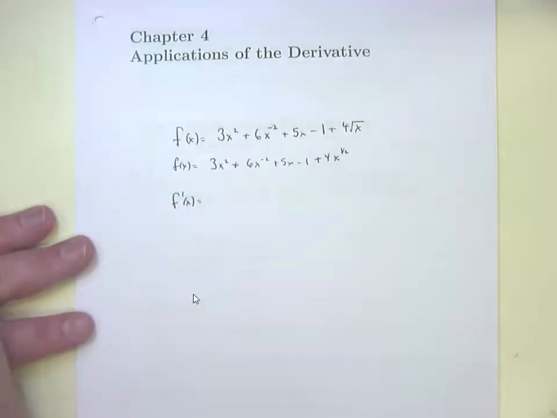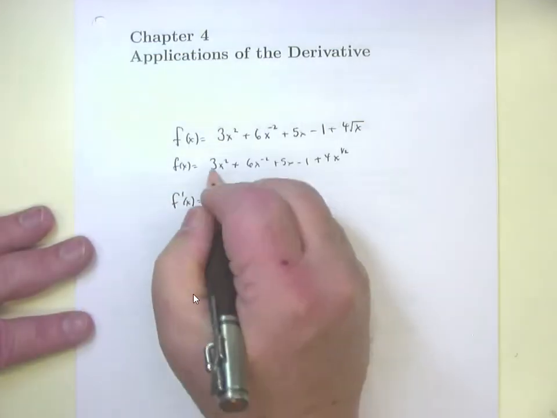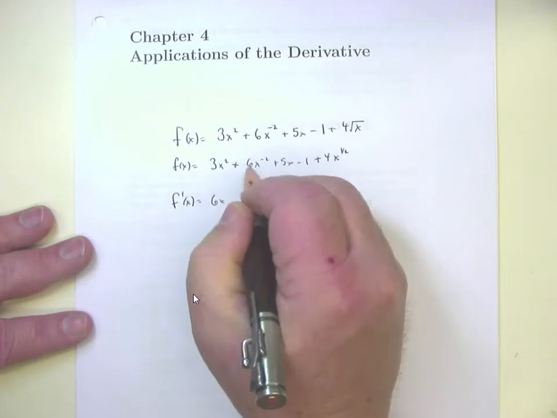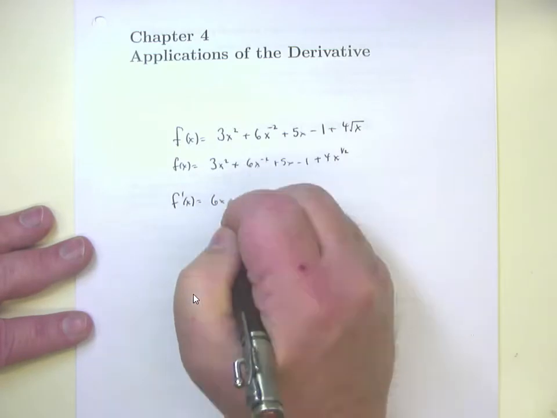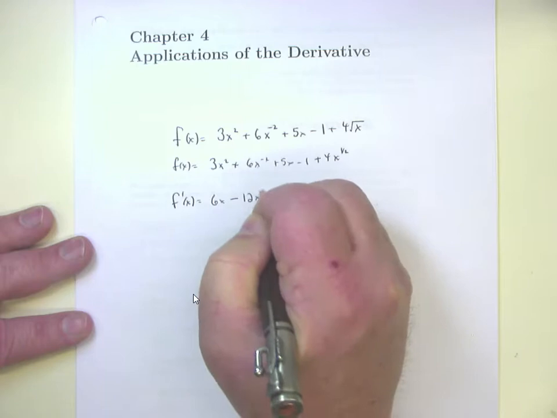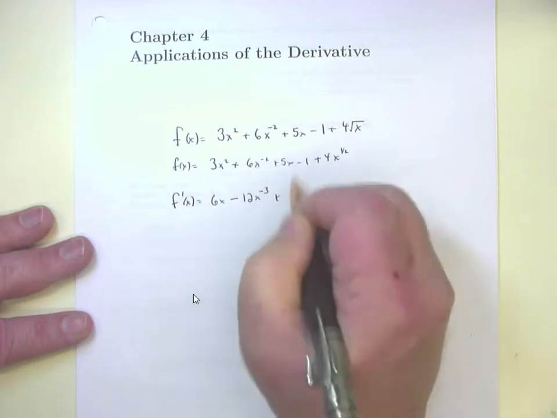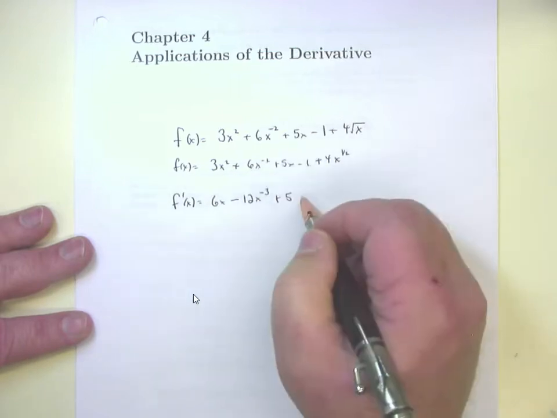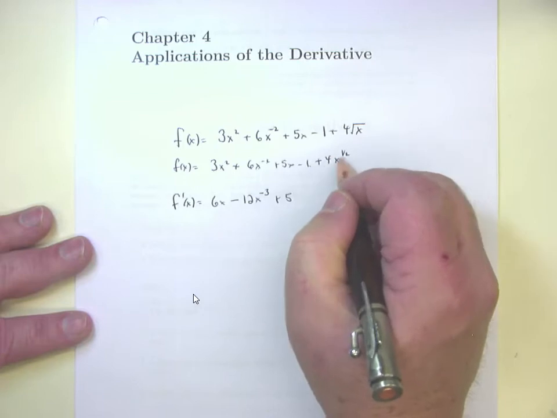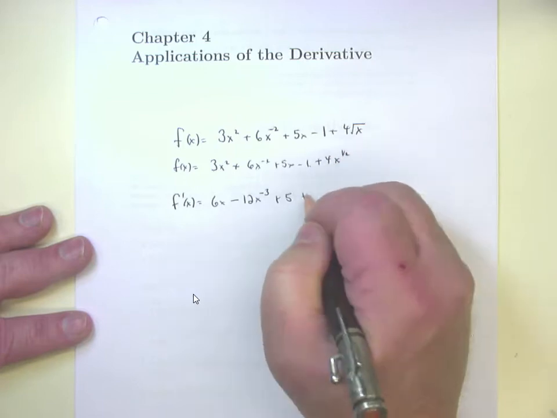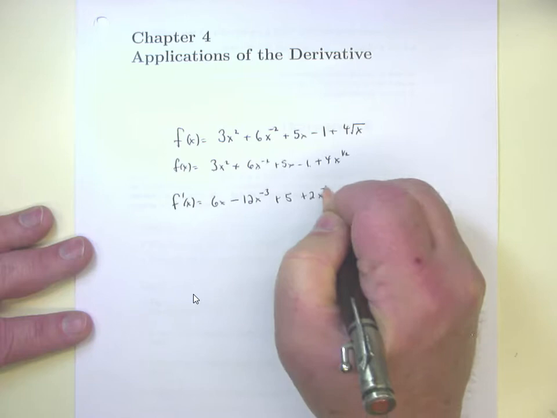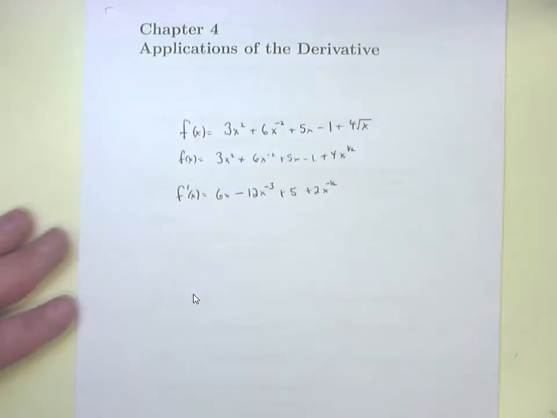First derivative is going to be, derivative of 3x squared is 6x, derivative of 6x to the negative 2 is going to be minus 12x to the negative 3. Derivative of 5x is 5. Derivative of minus 1 is 0. The derivative of 4x to the 1/2, 1/2 of 4 is 2x to the negative 1/2. There's my first derivative.